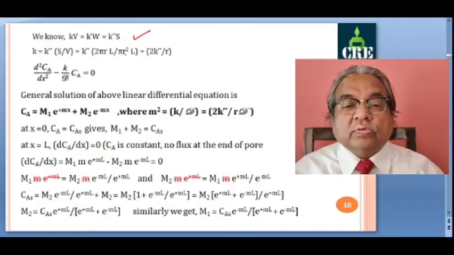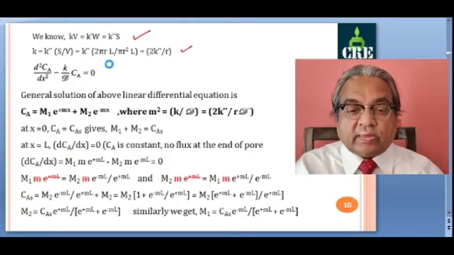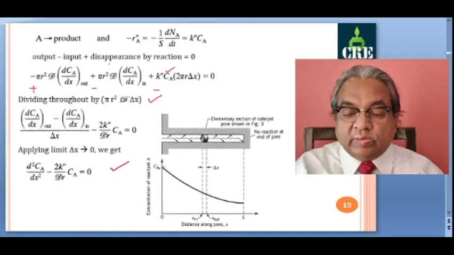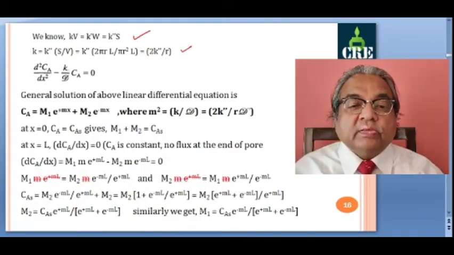So pi l will cancel out, and 2 by r, so 2k double prime by r. So k is 2k double prime by r. This is the k double prime we have here. So 2k double prime by r we have replaced by this small k.